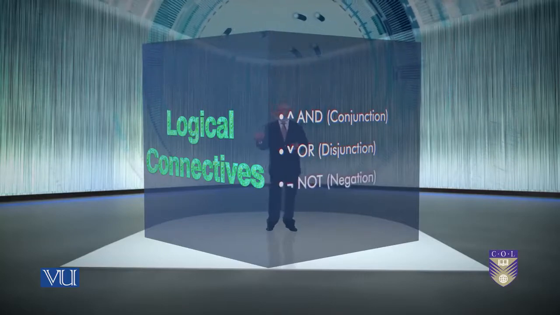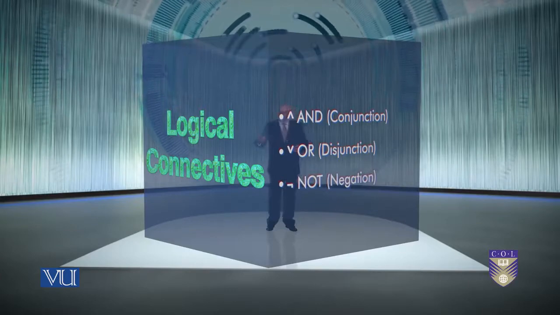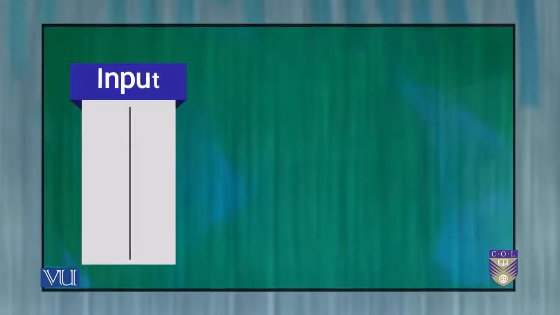And then the negation, which is called the NOT part. So these are some of those logical connectives that can be used to make compound statements and then reason about them.